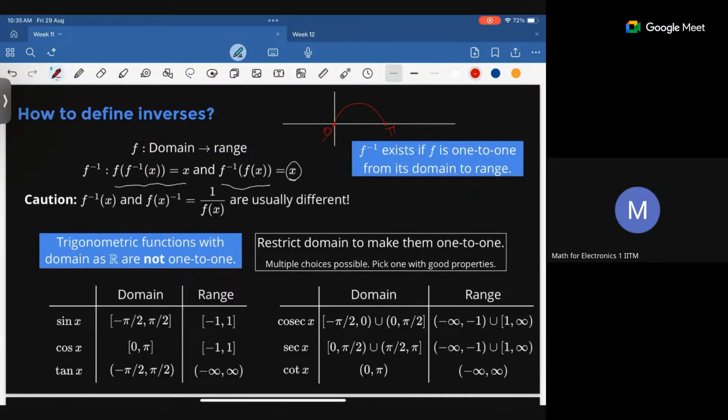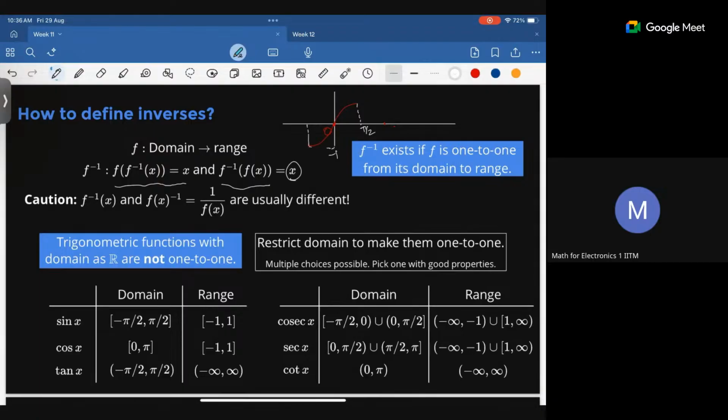So sin x, when chosen between minus pi by 2 to pi by 2, covers from minus 1. So sin of minus pi by 2 is minus 1.